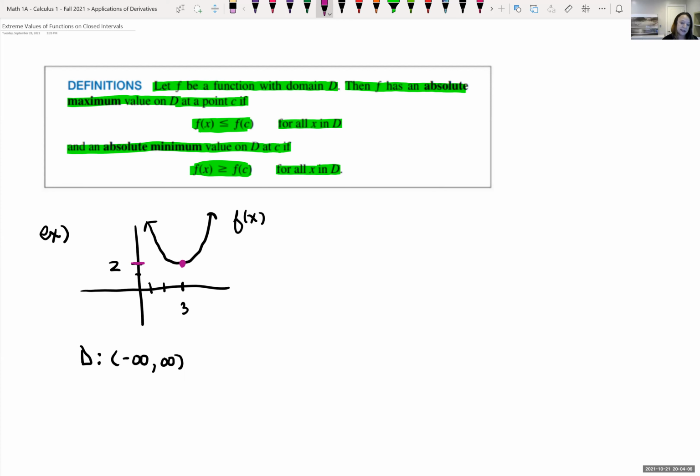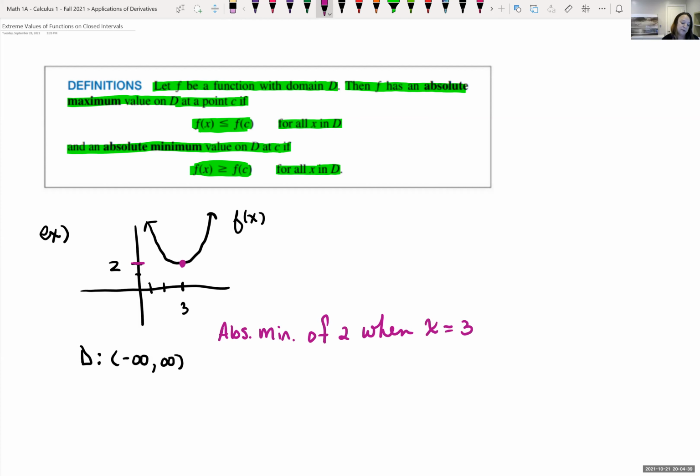So we have an absolute minimum of 2 when x is equal to 3.